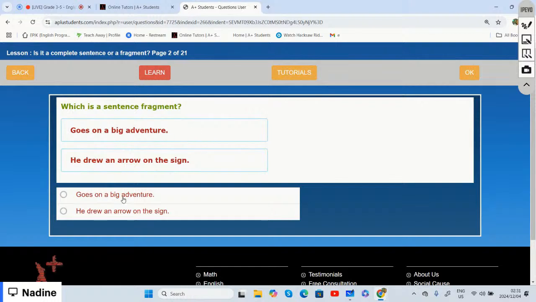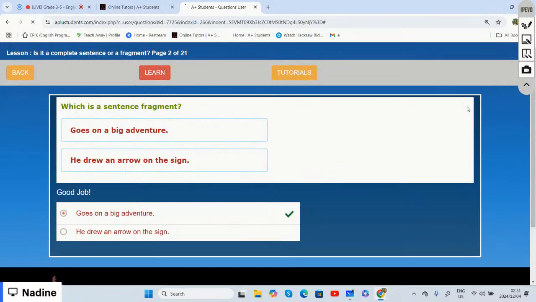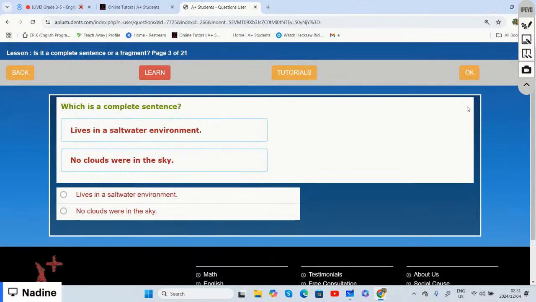Then we can say it's option one, goes on a big adventure. And the reason why it's option one is because the question is who goes on a big adventure. It just says goes on a big adventure, but it doesn't say who, which means that there's no subject.